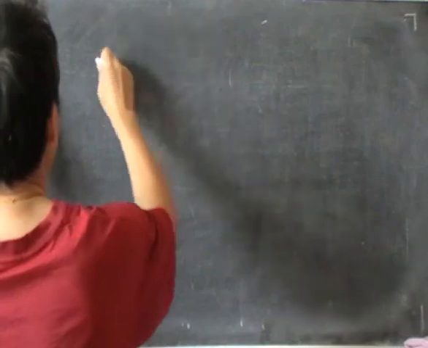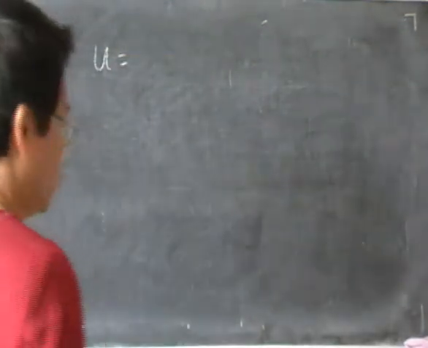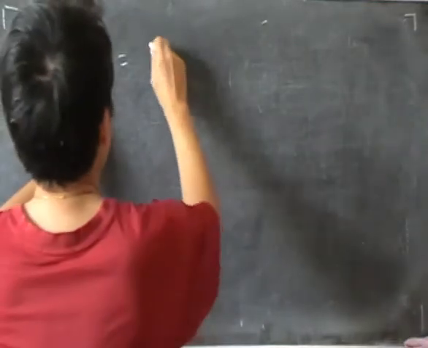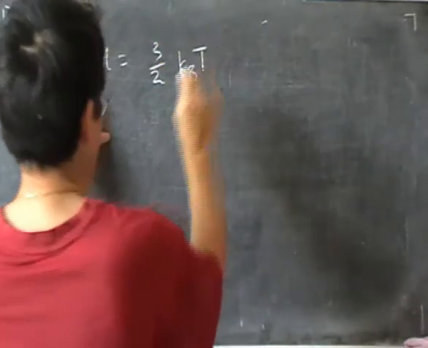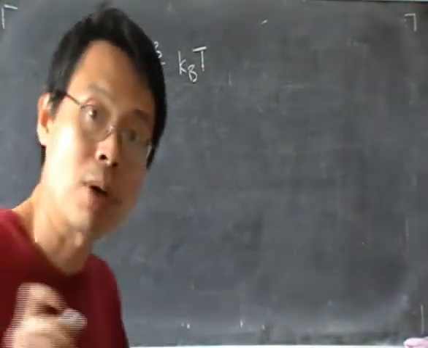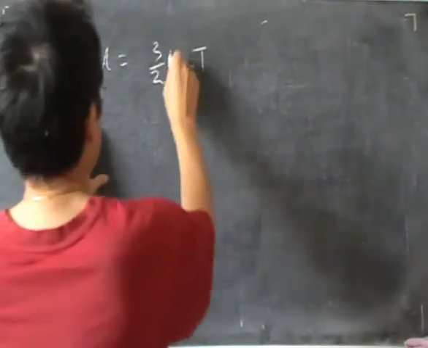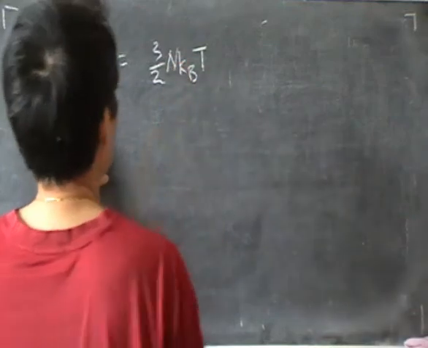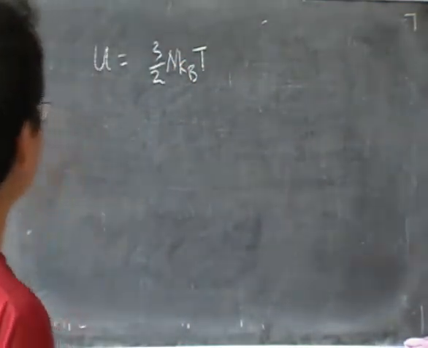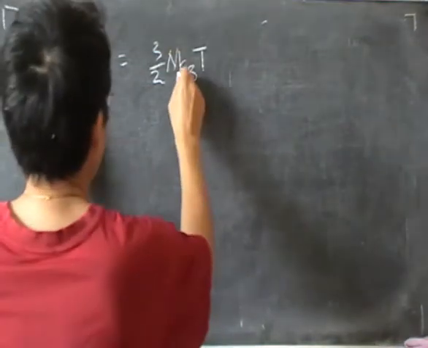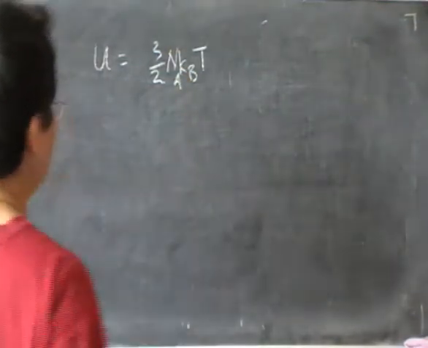Now, in an ideal gas, we know that the total energy is 3/2 kBT, which is the average energy of a particle, times n, the number of particles. To make things simple, I consider 1 mole of the gas, so n is the Avogadro constant.